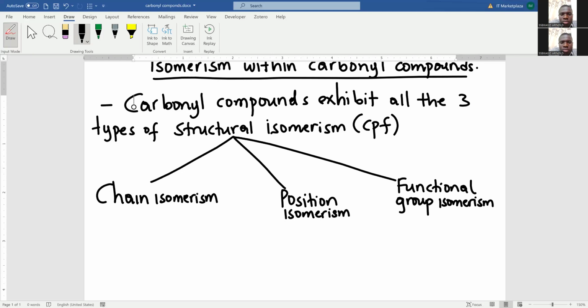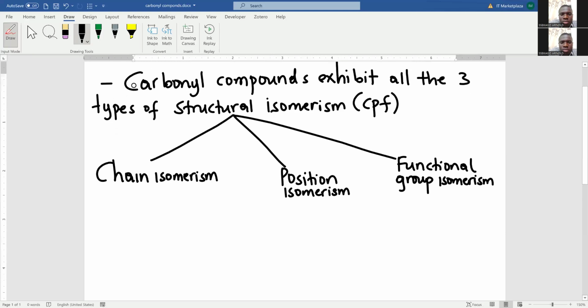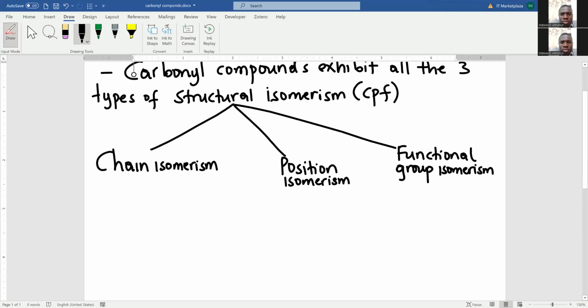Those are the three types of structural isomerism which are undergone by carbonyl compounds.